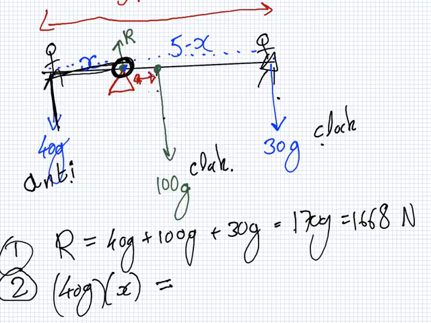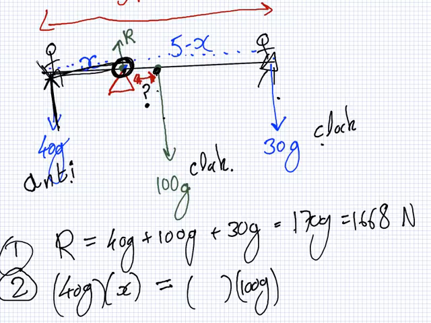That should equal, now, who can tell me this distance here? We're talking about the distance from here to here. What is it? 5 minus x?